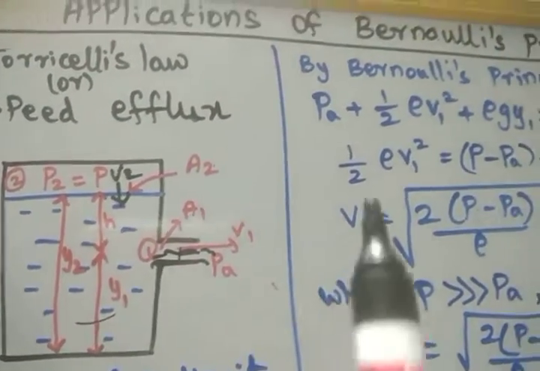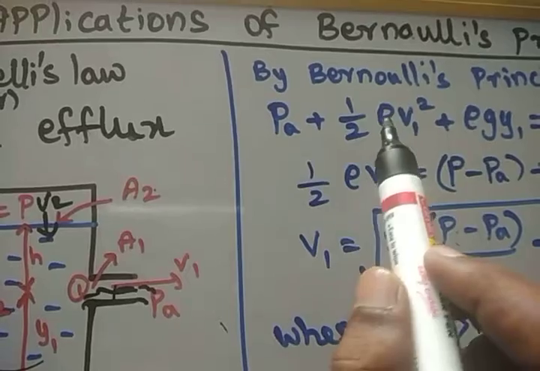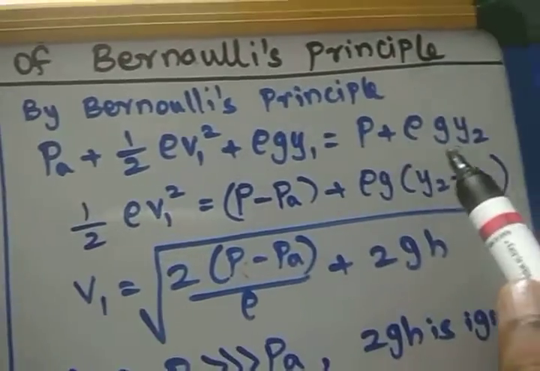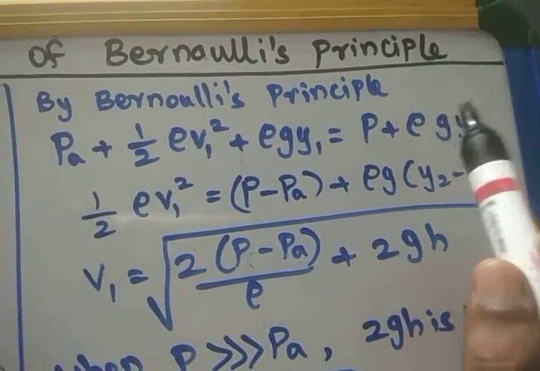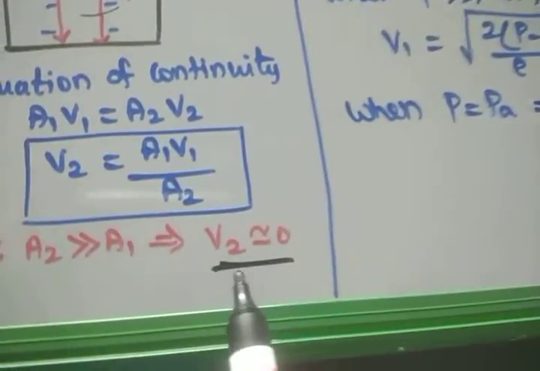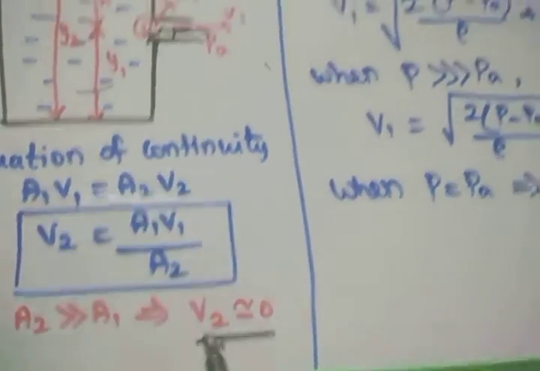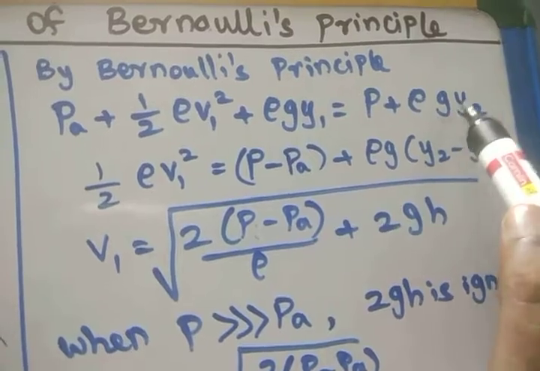My question is, what happened to the half rho V2 squared? It does not appear because the velocity at this position, V2, is 0. Hence that term does not come on the right side.